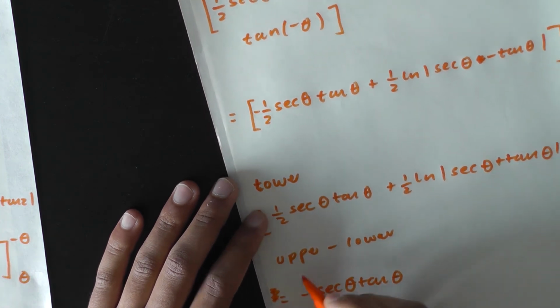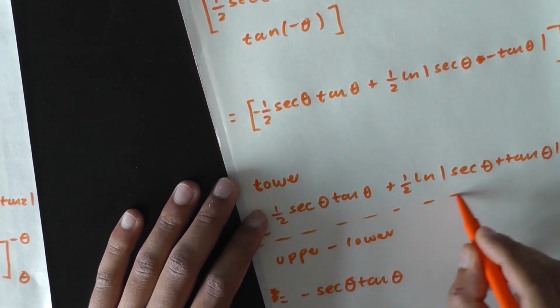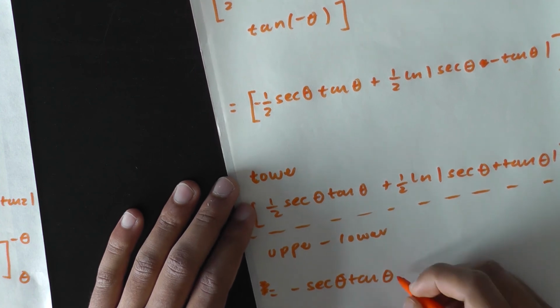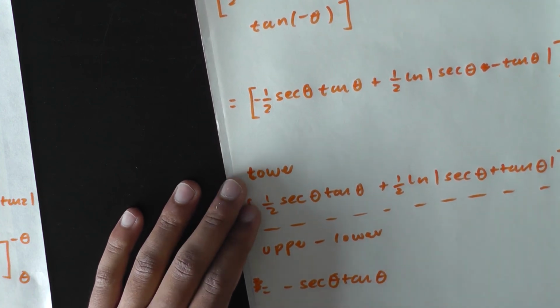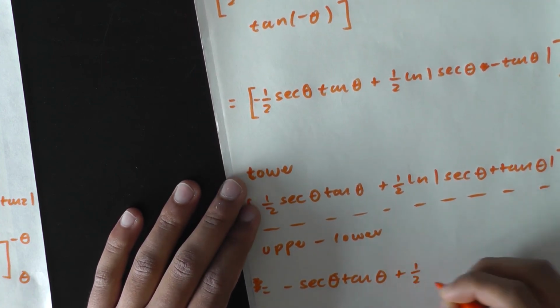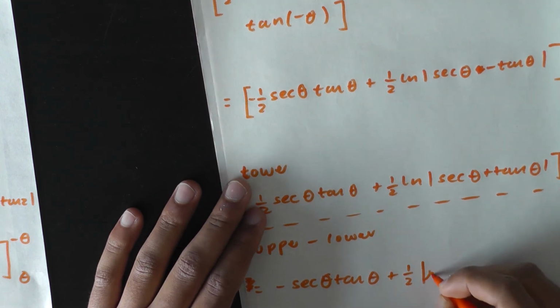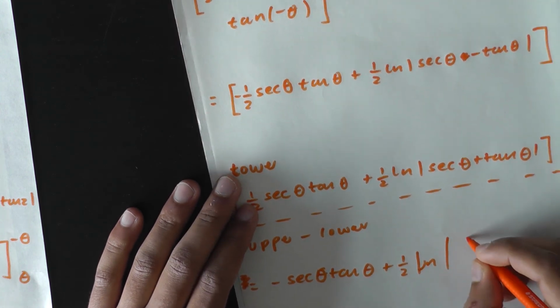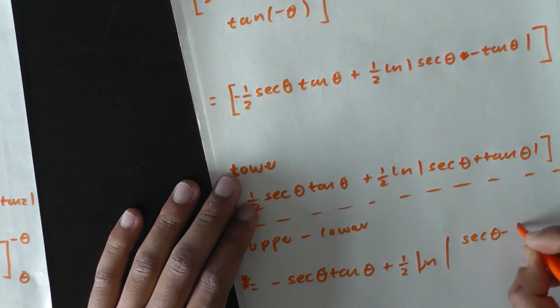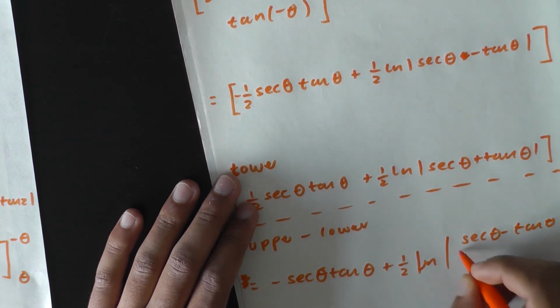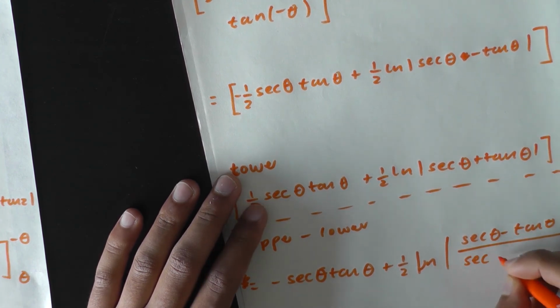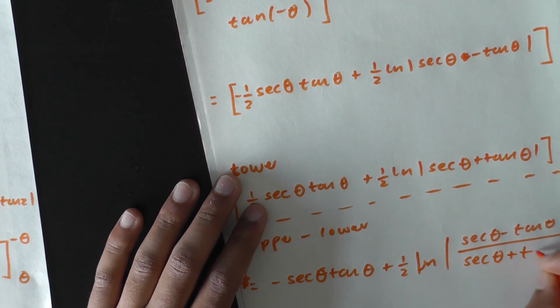Actually, we'll just say upper minus lower, sec theta minus tan theta, and you have plus half ln of sec theta minus tan theta divided by sec theta plus tan theta.